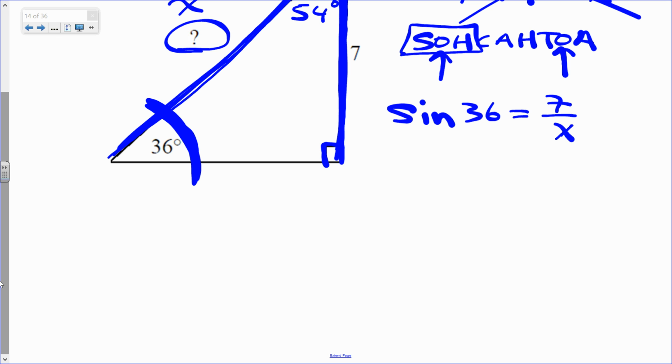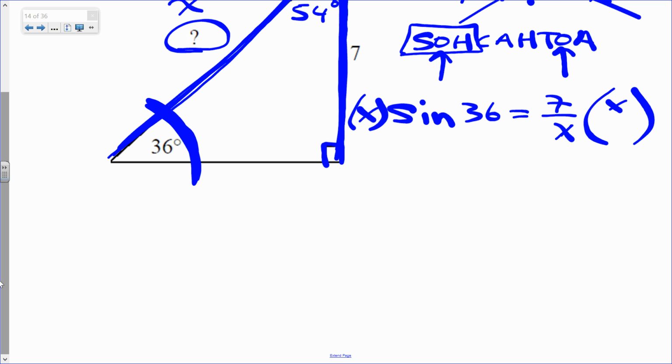Let's get the variable out of the denominator, because it's not helpful there. So I'm going to multiply both sides by x. Do that with me. Remember, it's like a balance. Whatever you do to one side, you have to do the other. I multiplied the right side by x and the left side by x.